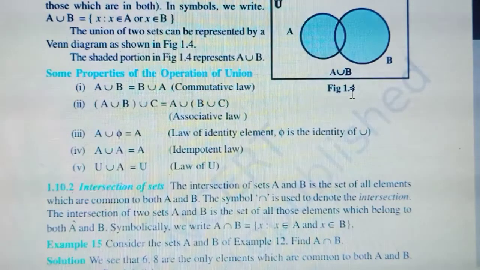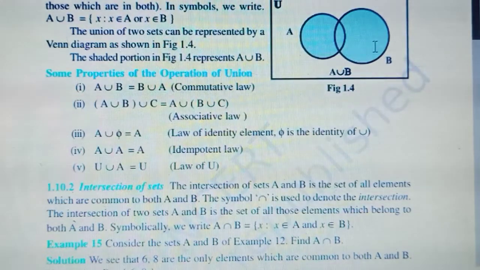Then next is your law of identity element. Remember, identity of addition used to be 0. 0 added to any number gives you the number itself. So we used to say additive identity is 0. Multiplicative identity used to be 1. Any number multiplied by 1 gives you the number itself.